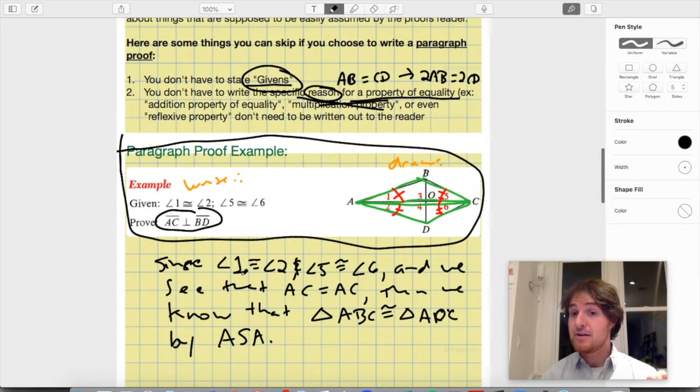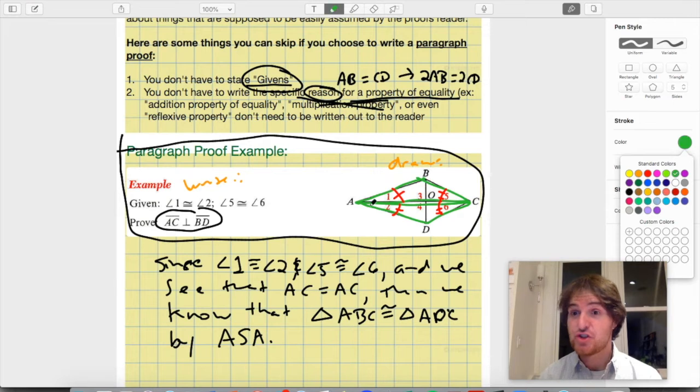Okay? So this here is our paragraph proof that I've just started out.